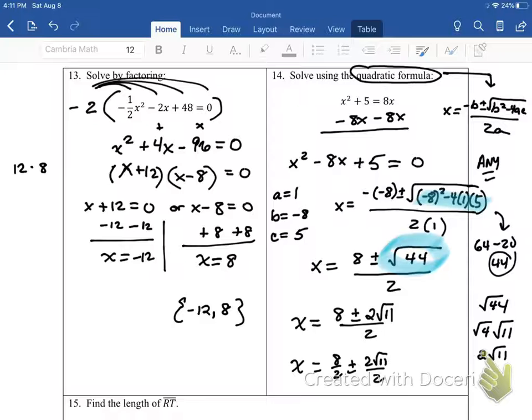I just want to show you that I'm dividing each term by 2. And that leaves me 4 plus or minus 1 radical 11. Now this is 2 roots, and this is expressed in simplest radical form. 4 plus radical 11, 4 minus radical 11. And if it asks you to round to the nearest tenth or whatever, you would just put 4 plus radical 11 into the calculator and see what came out, and that would be the decimal.